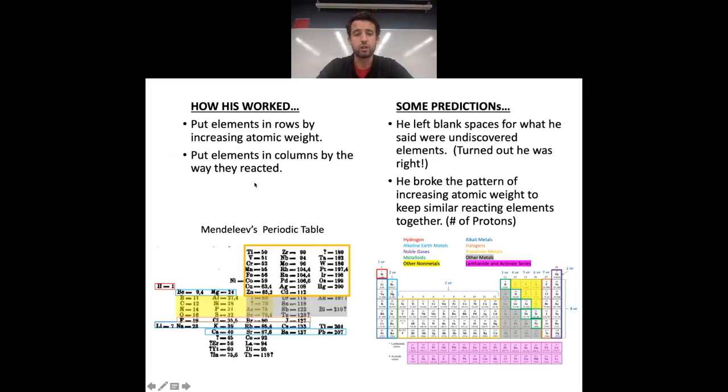So if you look over here on the left, that's Mendeleev's periodic table. And you'll see there's a couple of different question marks that he has. Sometimes the question mark is, do we actually know what the atomic mass is? Sometimes the question mark is, we don't know what this element is, but we should have an element around here with an atomic mass of 180.